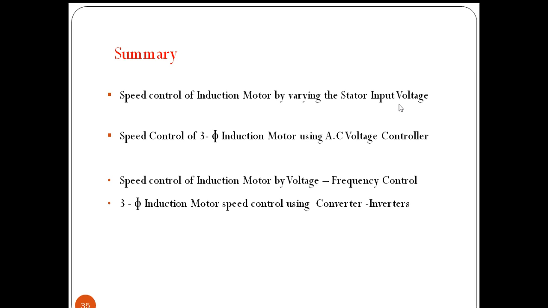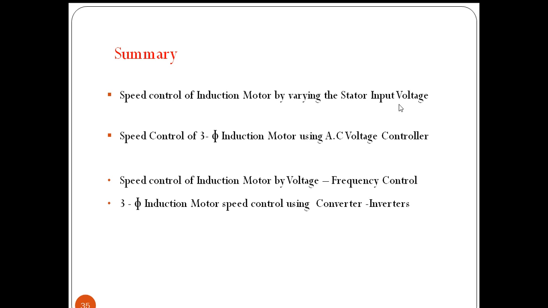So in this chapter, we have mainly discussed the speed control methods which are adapted for DC motors and AC drives, AC motors. DC motors have good speed torque characteristics.